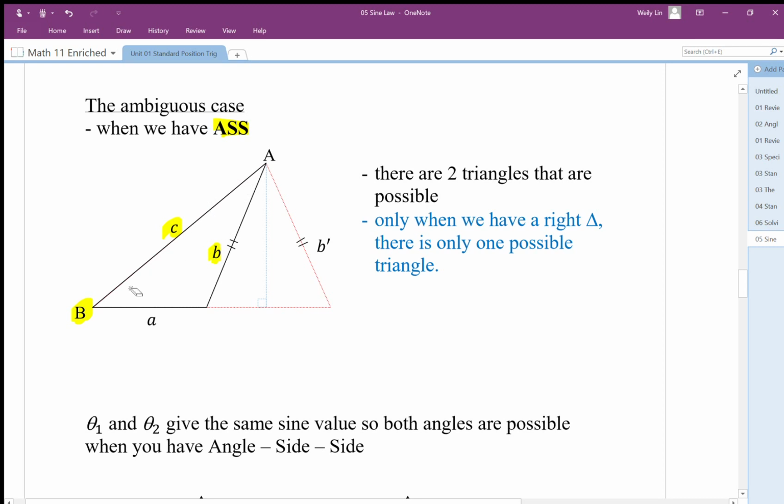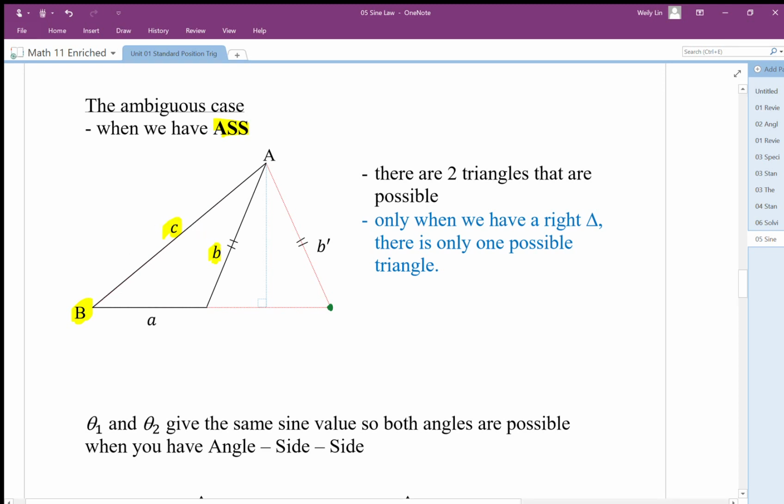However, since the length of side A is not fixed, because it's not known information, it's possible that this side B can be oriented so that it touches the side A at this point down here, which I'll highlight. This green dot right here, it could just form at that point. And by doing so, we have two different triangle possibilities given this information of angle side.